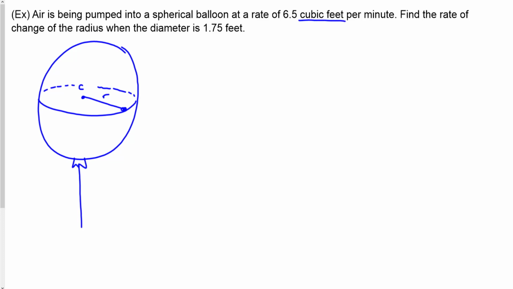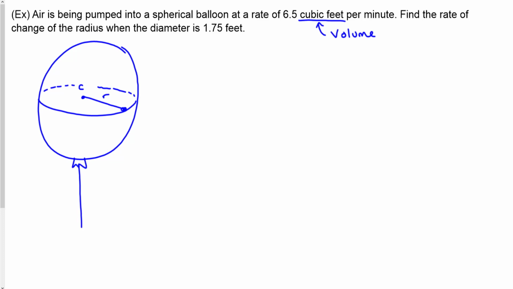That's a hint that this is volume, because volume is a measure of something cubed, area is a measure of something squared, and if it's linear, it's just going to be along a line. So anyhow, this is cubic feet, so it's telling us a volume.